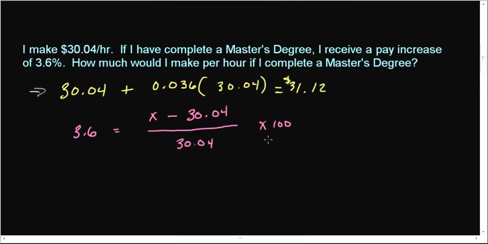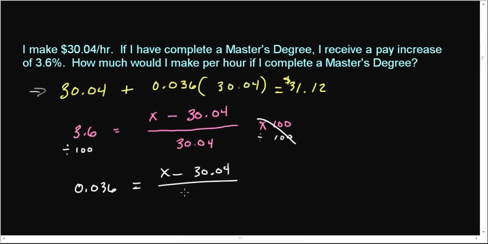I'm just going to keep working with this. I'm going to start off by dividing by 100, and that's just going to get rid of that multiplication. Multiplying by 100 and dividing by 100 just goes away. And I get 0.036 is equal to x minus 30.04 divided by 30.04.